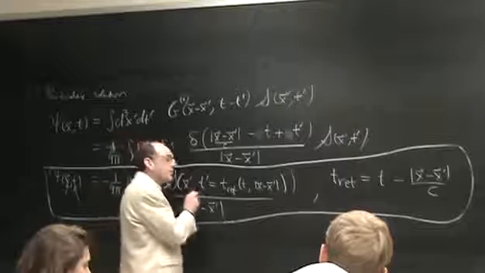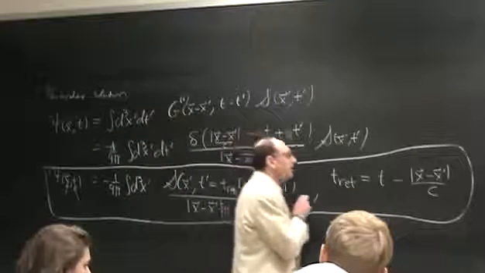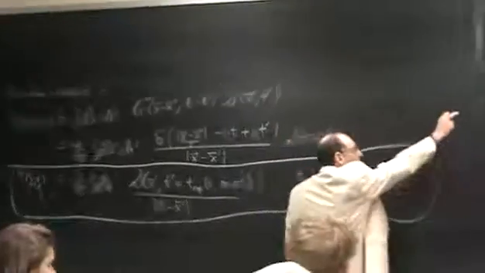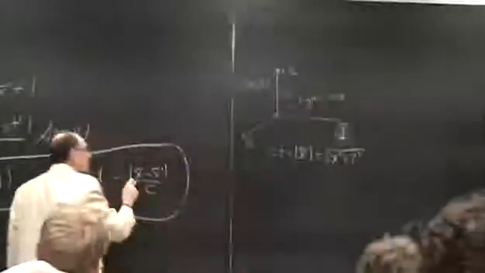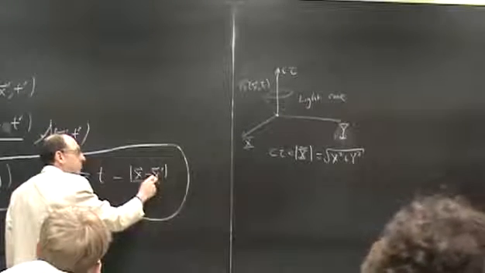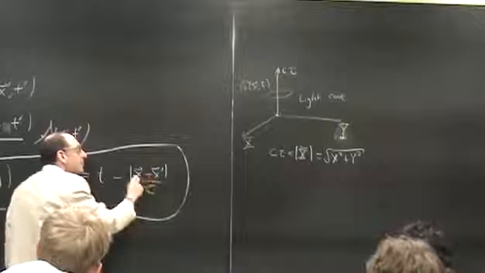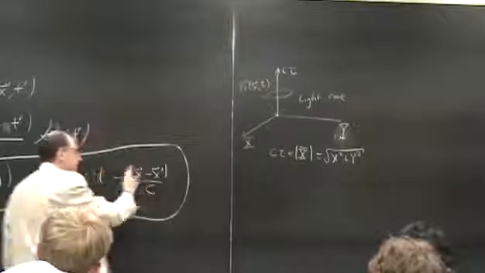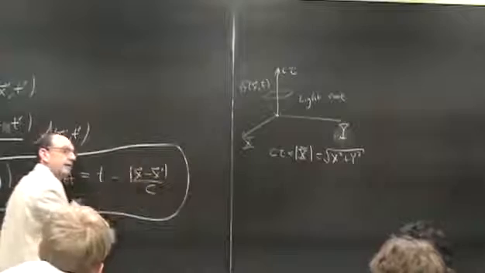And that time is none other than the time it took the wave to propagate from its emanating point at x prime to the point of interest, x. So this is the time it takes to propagate.